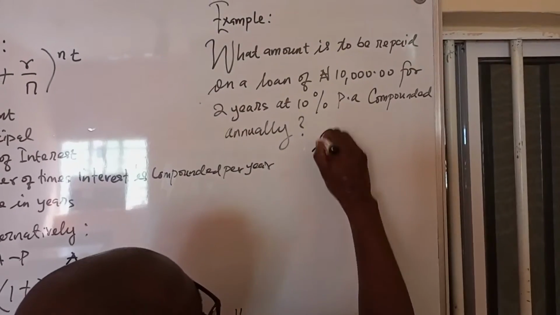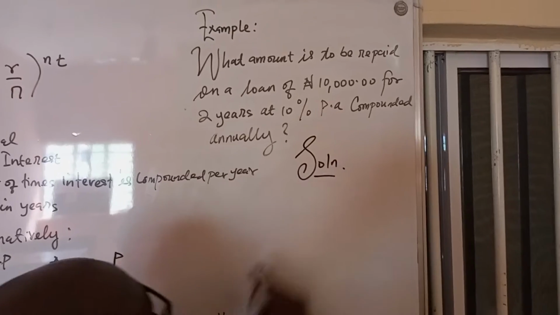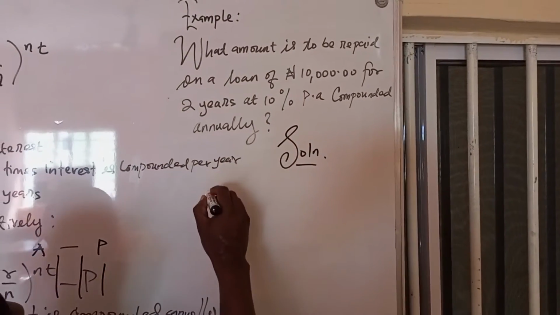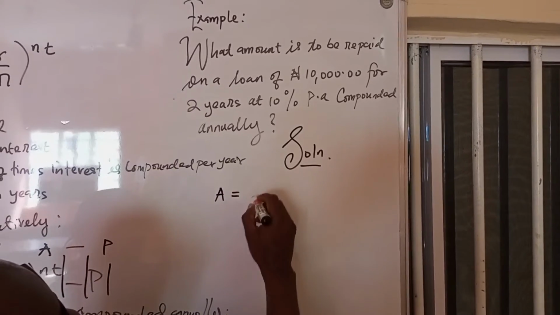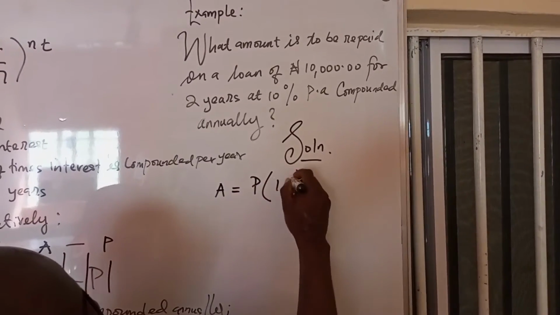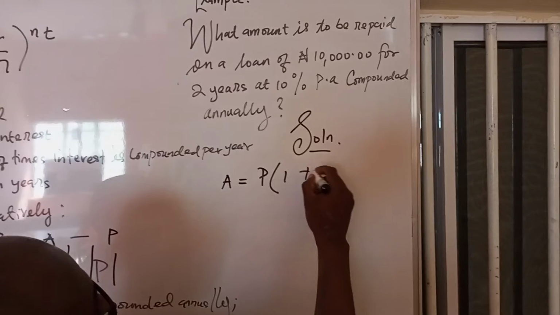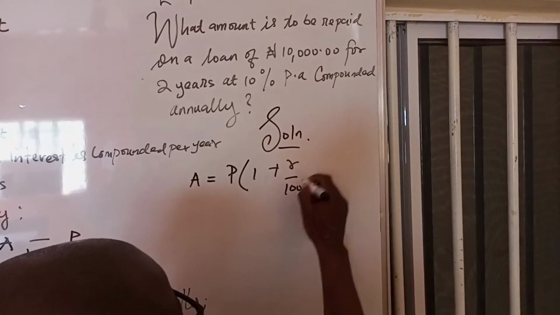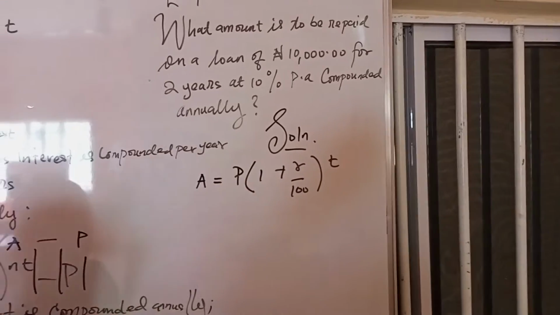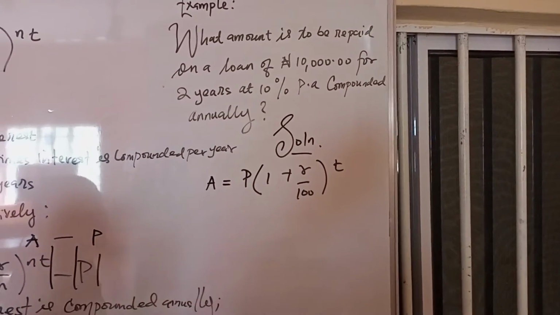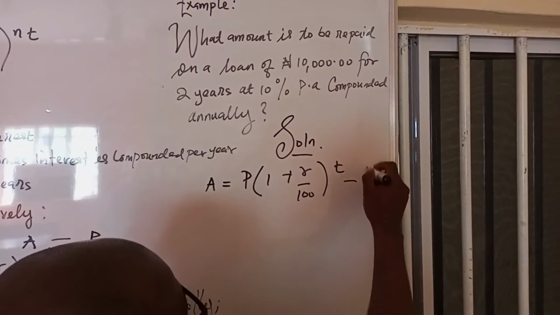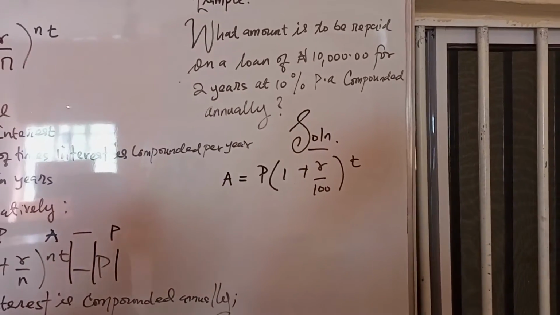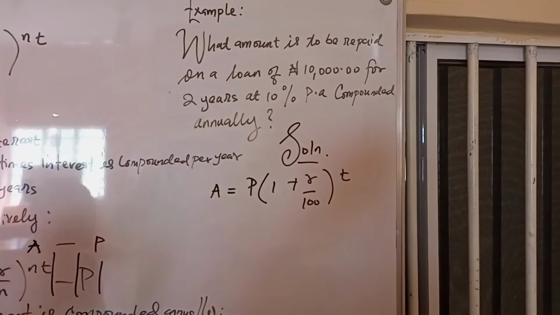It didn't say compound interest, it asks for the amount. So I'll state my formula for amount: the amount is equal to P, open bracket, 1 plus R over 100, close bracket, to the power T. That's all I need. I don't need to subtract the principal because I am not told to calculate the compound interest. I'm just told to calculate the amount.